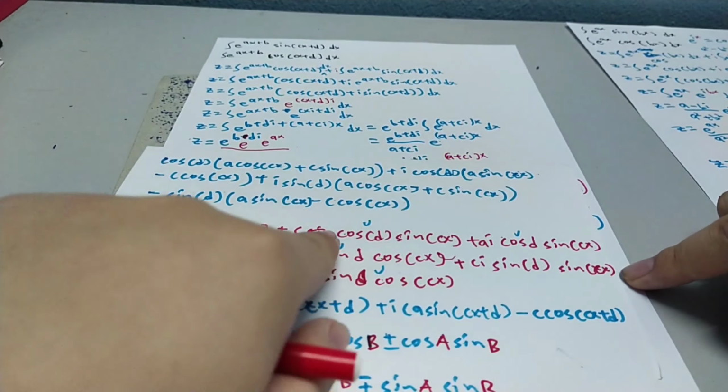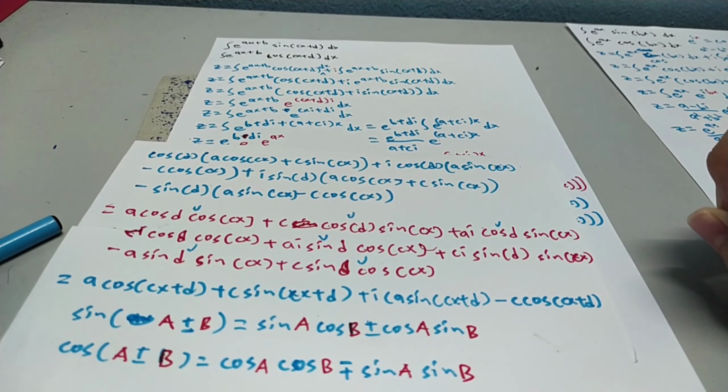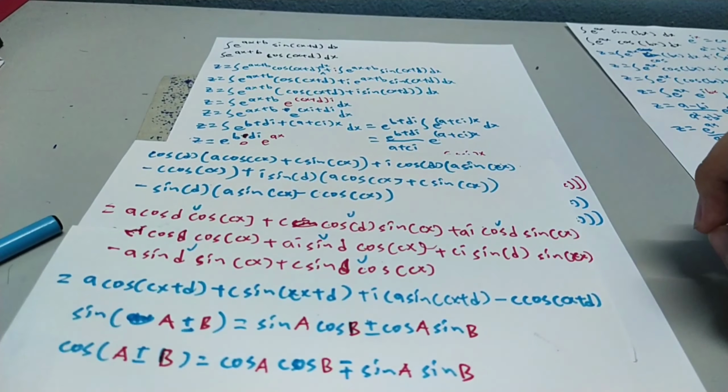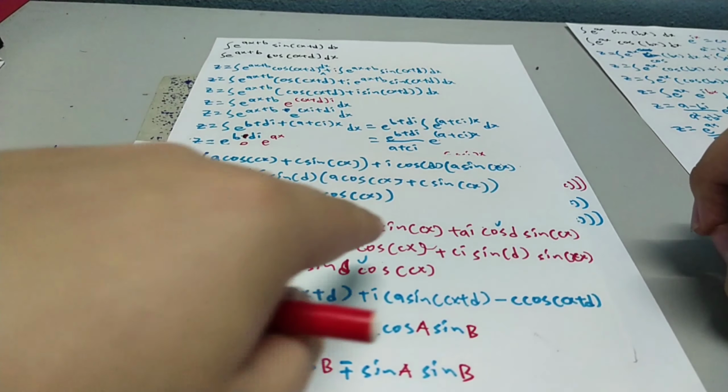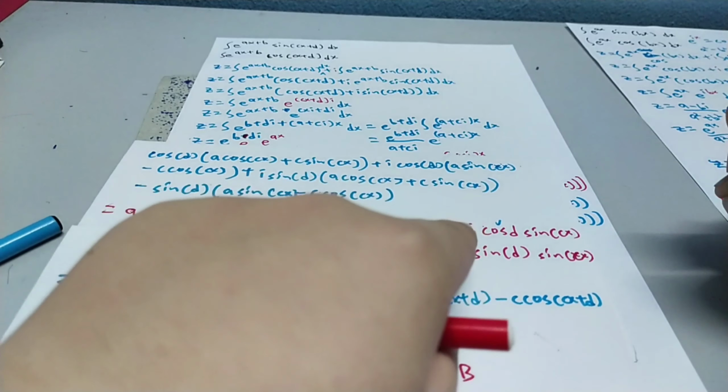And then c times cosine of d times sine of cx plus c times sine of d times cosine of cx, if you factorize the c, that's the same as sine of cx plus d times c. And then the rest of the terms that we factorize out, let's see the remaining terms.